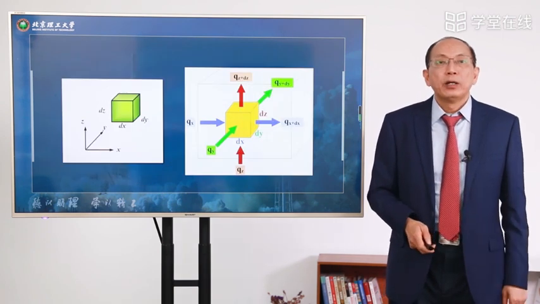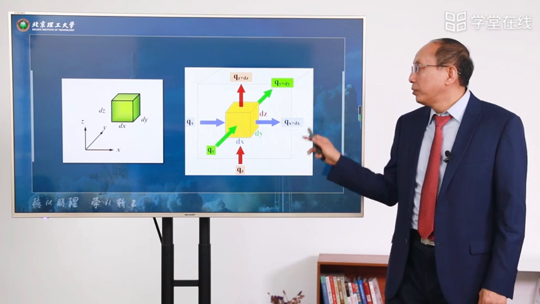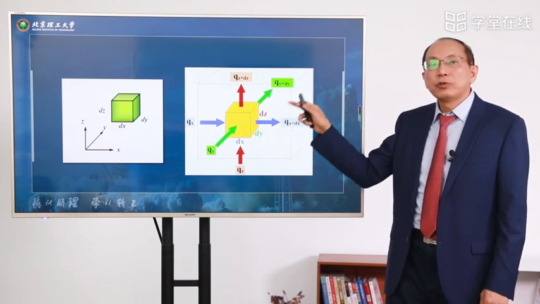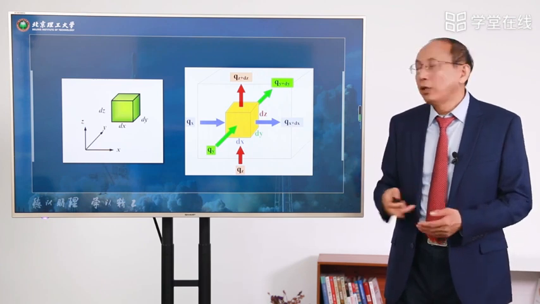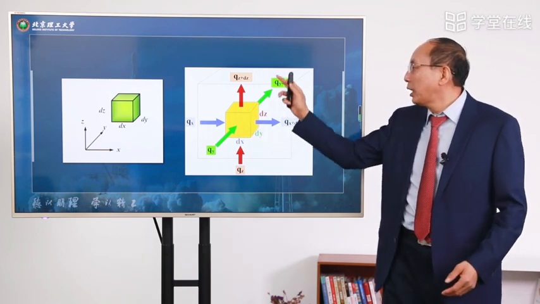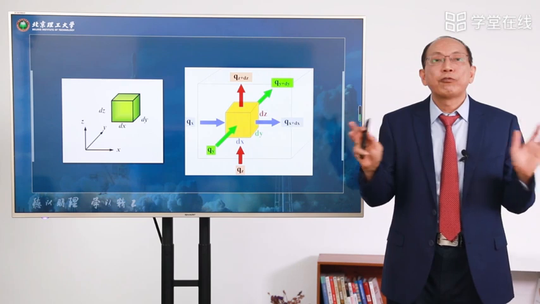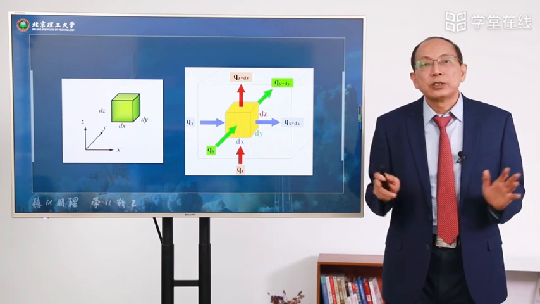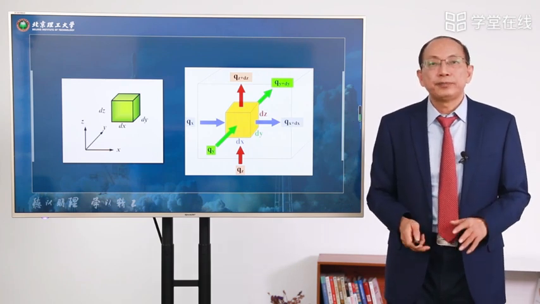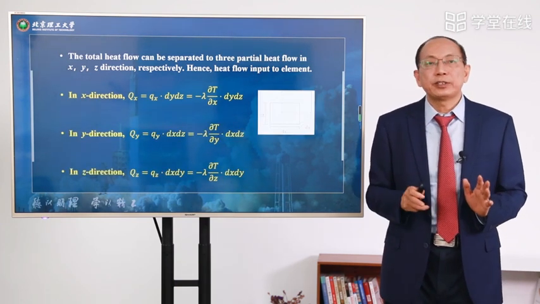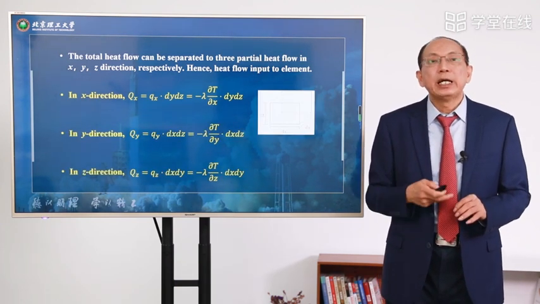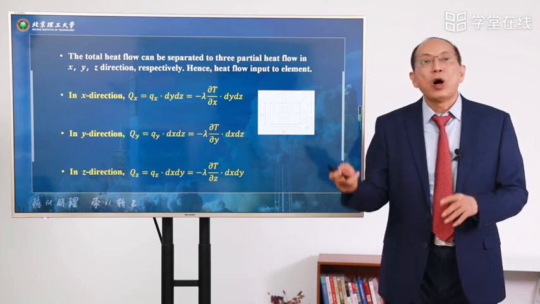For this system, we certainly understand there are 6 surfaces, in and out. For any surface, we calculate the energy going into or going out.